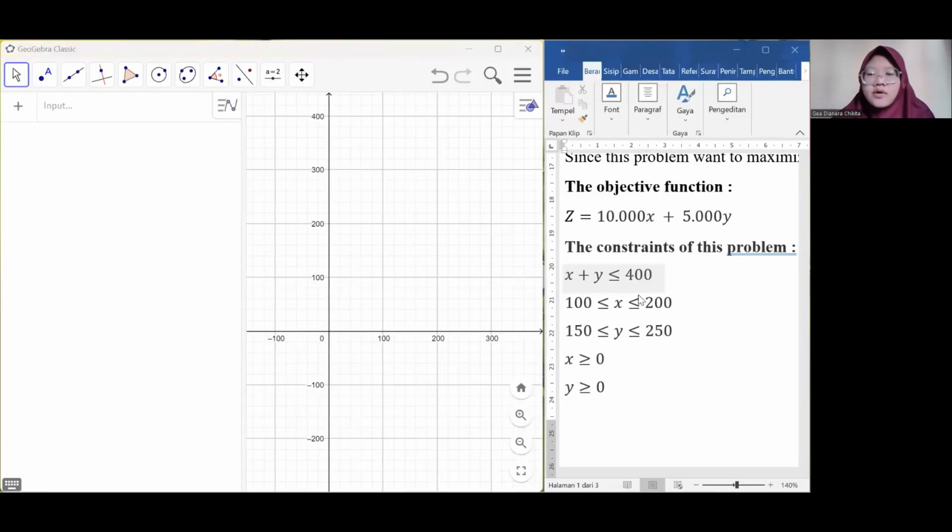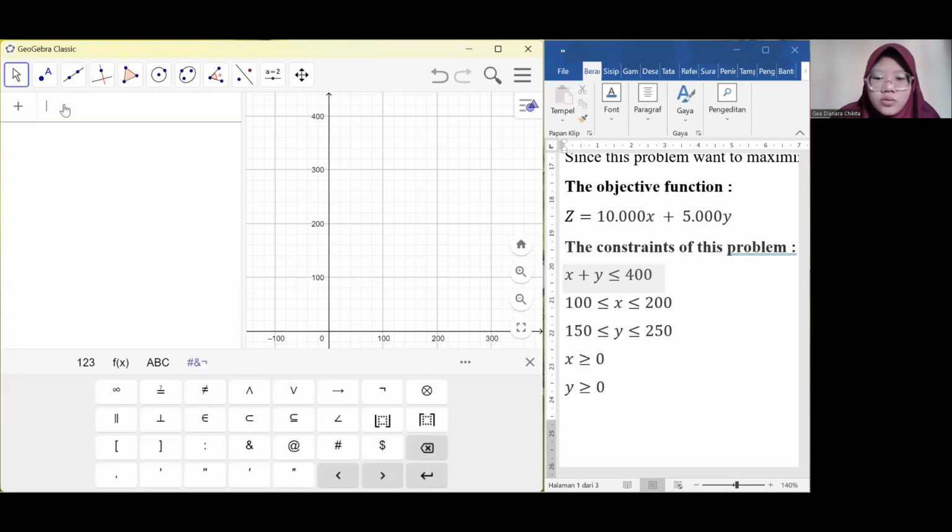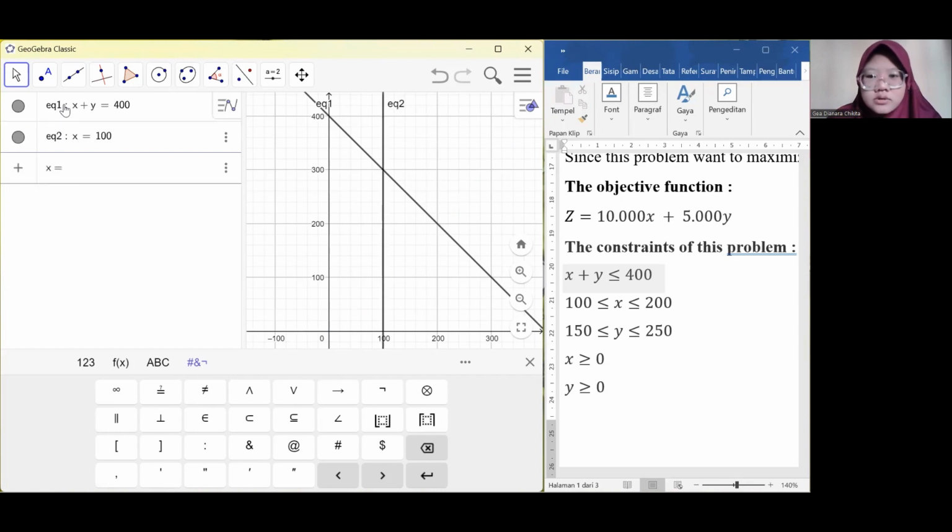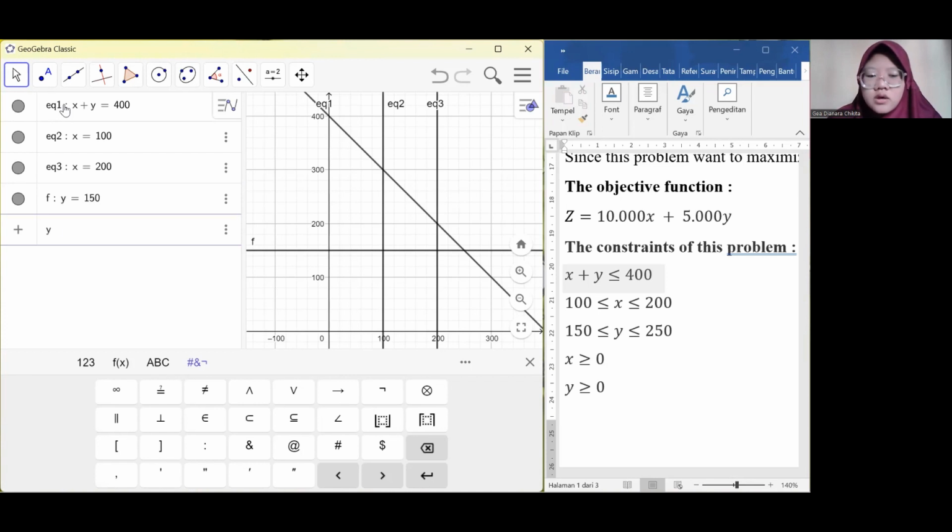Okay, first of all, we write these inequalities as equalities first. We write it here: x + y = 400, x = 100, x = 200, and y = 250.